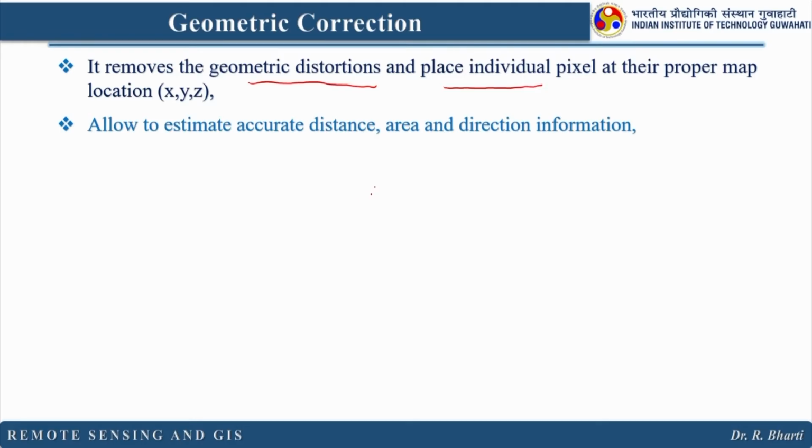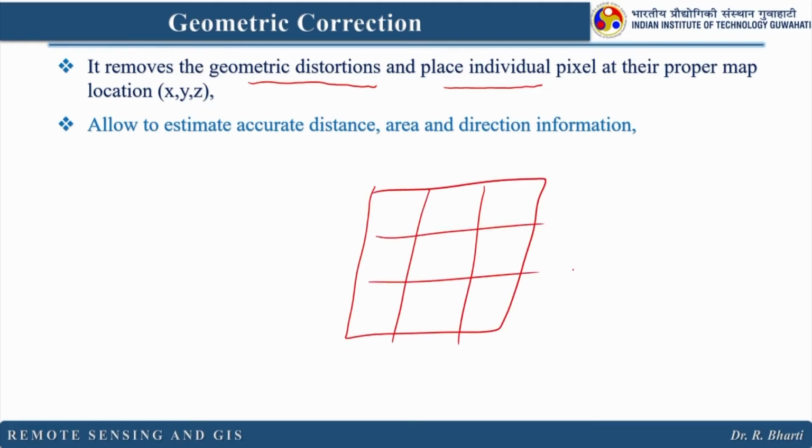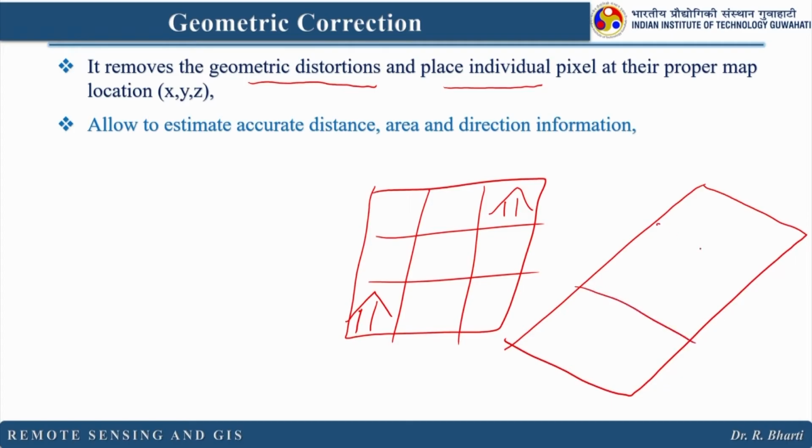So, I will give you some example, like there are 9 pixels and this pixel is having a house, this pixel is having a house, and you want to estimate the distance between these two, right. So, this is the true representation. If there is a change in the position because of the change in the altitude, attitude or different parameters, then this may appear in your image like this, and house is here and house is here.